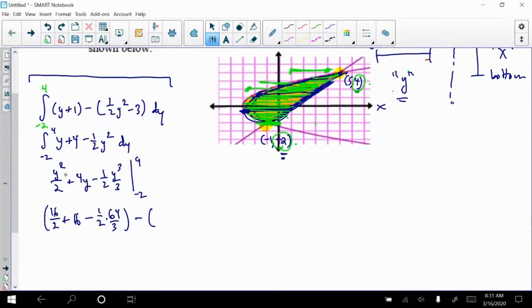So -2 squared is a +4, plus 4 times -2, which is -8. -2 cubed is another -8 over 3. And so again, just be careful of your negatives. So 16 over 2 is 8. 8 plus 16 is 24. 2 goes into 64 32 times, so it's -32 thirds.